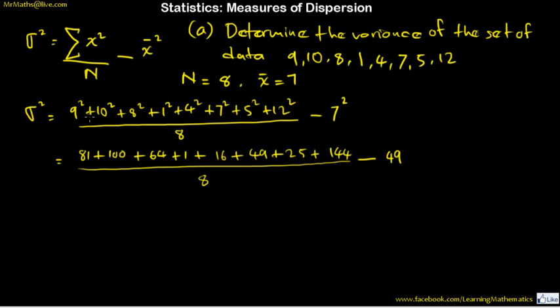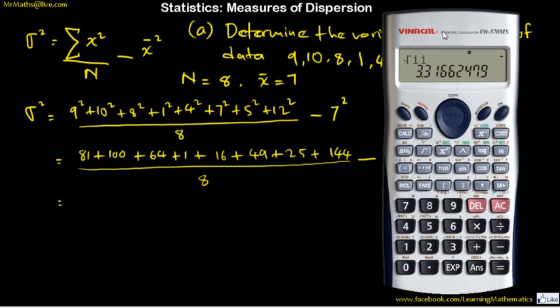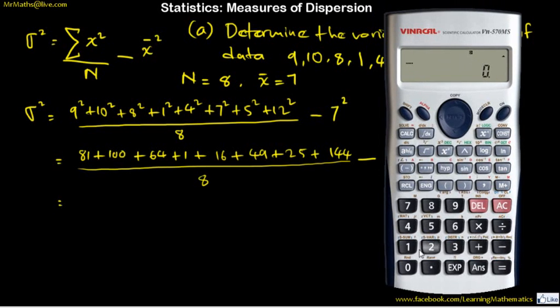Okay, let's check it out. 9 squared is 81, correct, and 10 squared is 100, 8 squared 64, 1 squared is 1, 4 squared is 16, 7 squared 49, 5 squared 25, 12 squared is 144. It's correct. We have to do this checking continuously so that we do not make any mistake. 81 plus 100. Even keying into the calculator, you can make mistakes, so be careful. Check all the numbers that you key in.